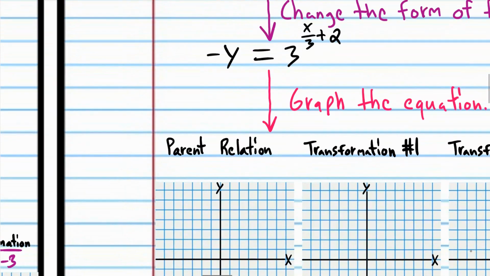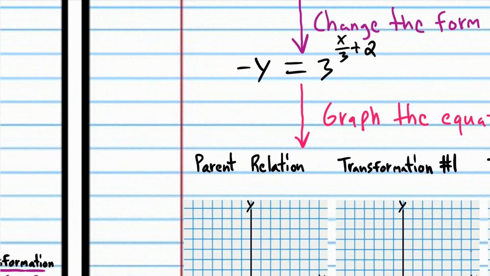And now we can graph that relation, but we're not going to call it a relation anymore. We're going to call it a function. So we're going to graph the parent function. So obviously the parent equation is the exponential equation. And again, we could write f of x, but we don't want to.